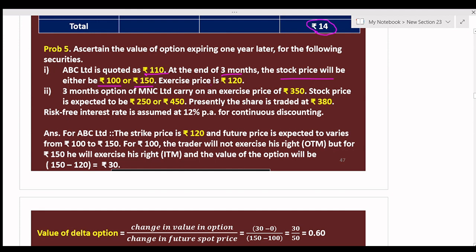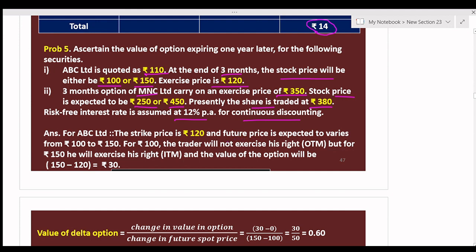Exercise price is rupees 120. 3 months option of MNC Limited carry an exercise price of rupees 350. The stock price is expected to be rupees 250 or rupees 450. Presently, the share is traded at rupees 380. Risk-free interest rate is assumed 12% per annum for continuous discounting.